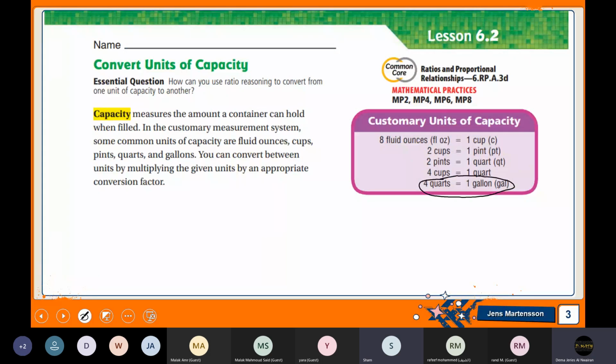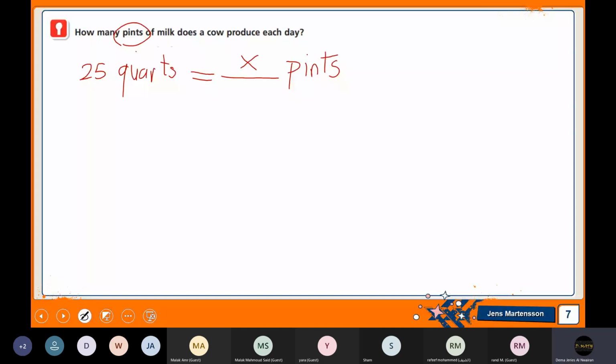Where are the quarts and the pints? 2 pints equals 1 quart. Good job. 2 pints equal 1 quart. All of you agree? Yeah. So, 2 pints, under the pints I will write it here, and here I will write 1 quart.